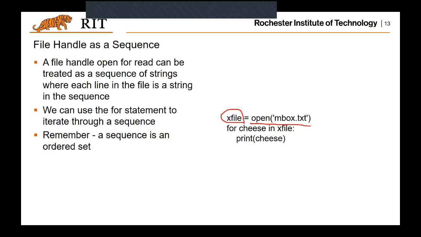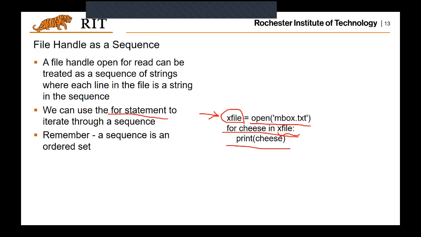We can easily think about using a for statement to iterate through a sequence. For example, like this one. When we open the file and return this handle, we start the for loop. Basically, this line is the iteration variable, and we just loop through this sequence and print out each string, right?